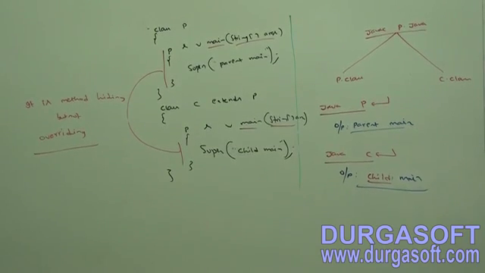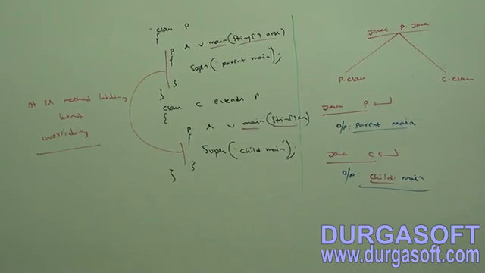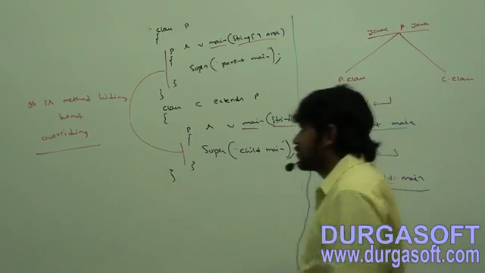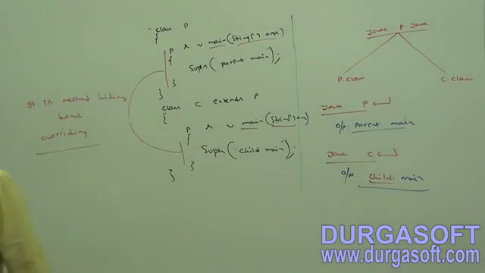Class P, public static void main(String[] args), SOP of parent main. Next class C extends P, public static void main(String[] args), child main. So it is method hiding but not overriding.